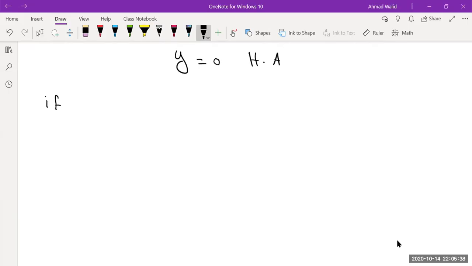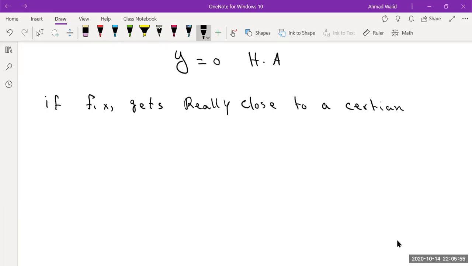If f of x gets really close to a certain number as x approaches positive or negative infinity, then the limit exists, right?